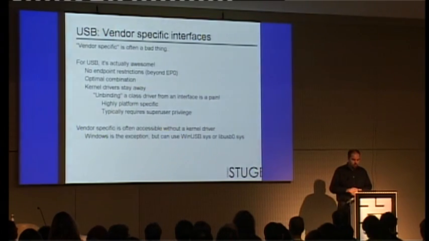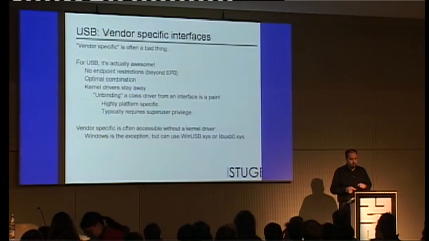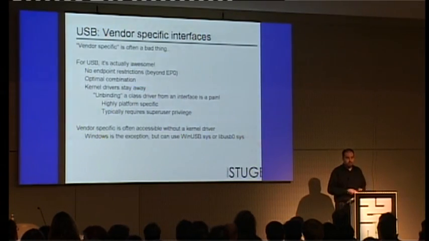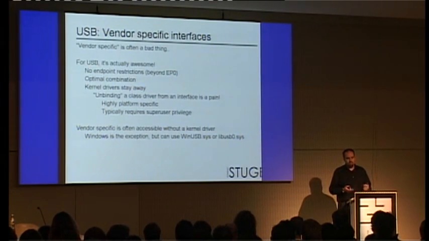But for Mac OS, you need super user privileges, and you need a reboot. That's not so nice. And for Windows, you need to actually replace the driver that is attached to the device, which also requires super user privilege, and requires creating a restore point, which takes anywhere from a couple to 20 seconds.